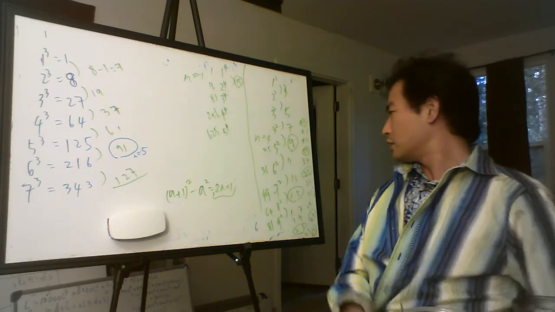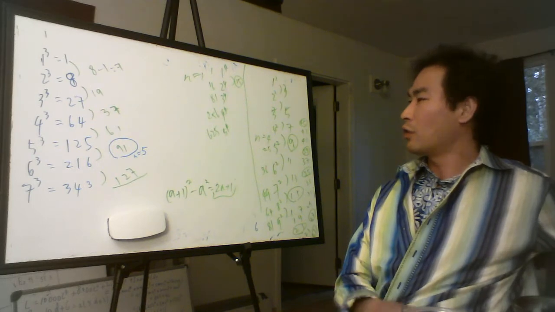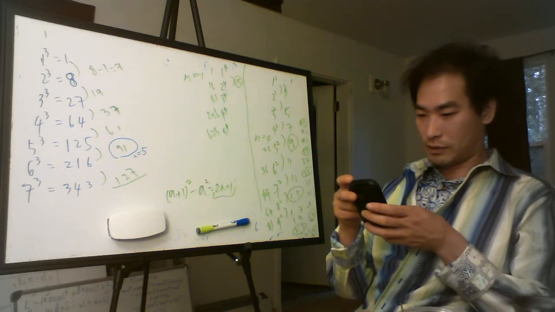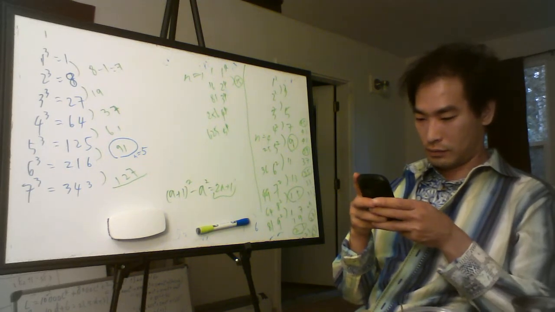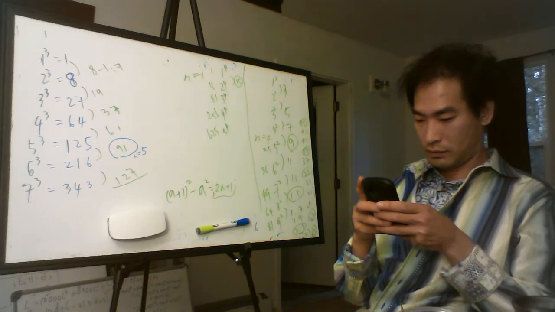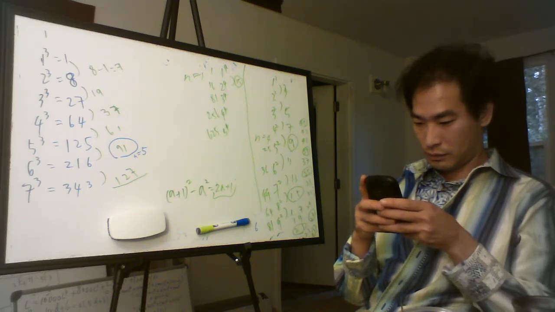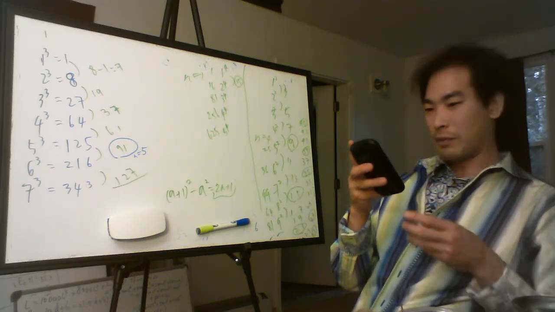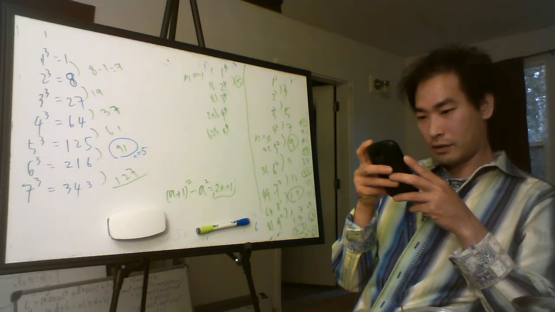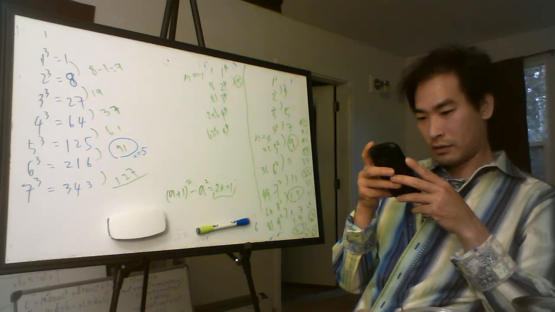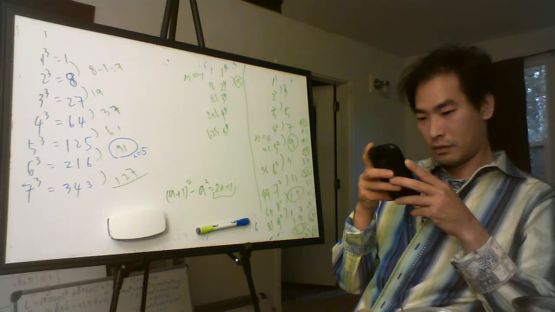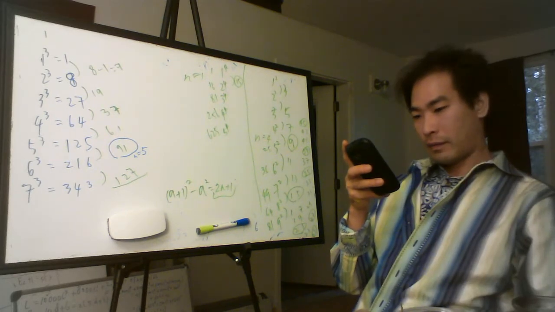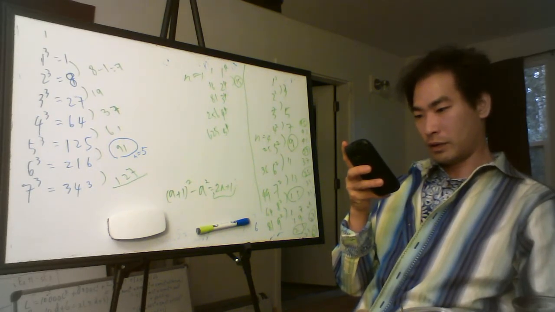I'm wondering about the distribution of prime numbers. Does it get thinner or thicker? Let me look it up. Distribution of prime numbers. Isn't that the prime number theorem or something? 1 over log n, so it becomes 0.